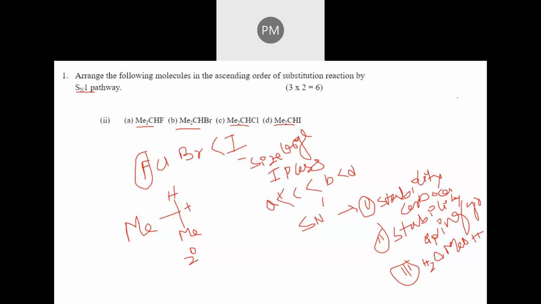For the SN1 reaction, we first have to look at the stability of carbocation. If the stability of the carbocation is high, that will favor SN1. And second, we have to find out the stability of the leaving group, how it behaves after removal.